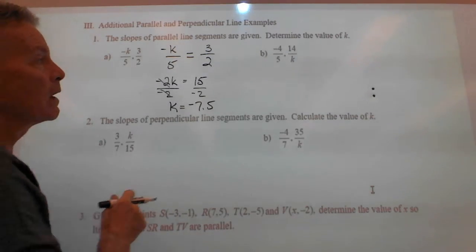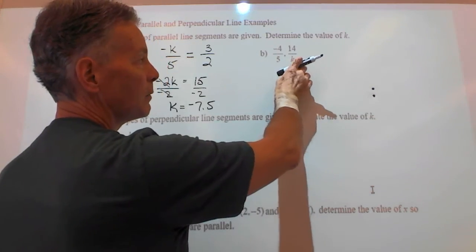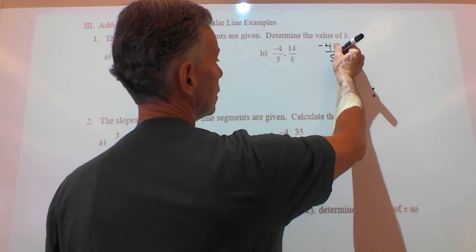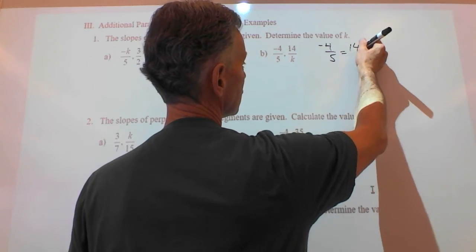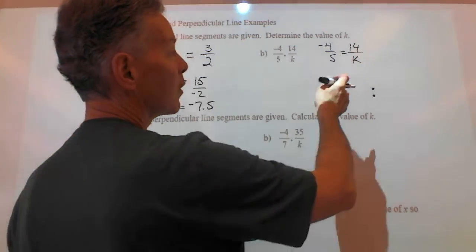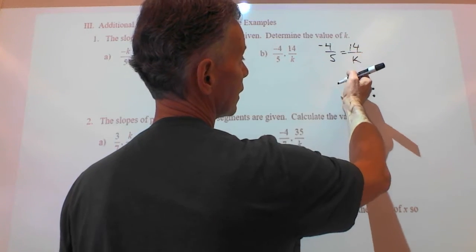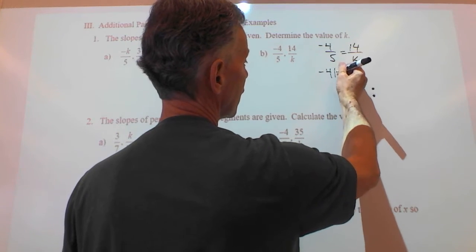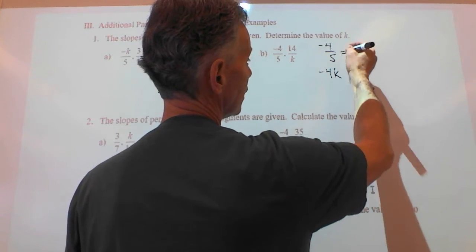Okay? Over here, we do the same thing. Knowing that these two slopes are equal, we can set up a proportion, okay, and cross multiply to isolate k. So we're going to cross multiply again. K times negative 4 is negative 4k. 5 times 14 is 70.